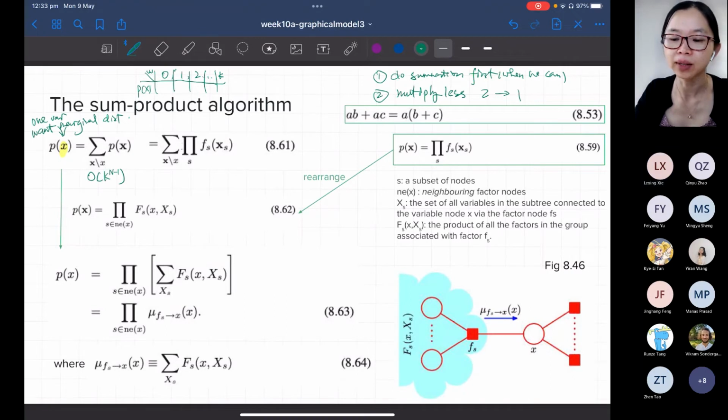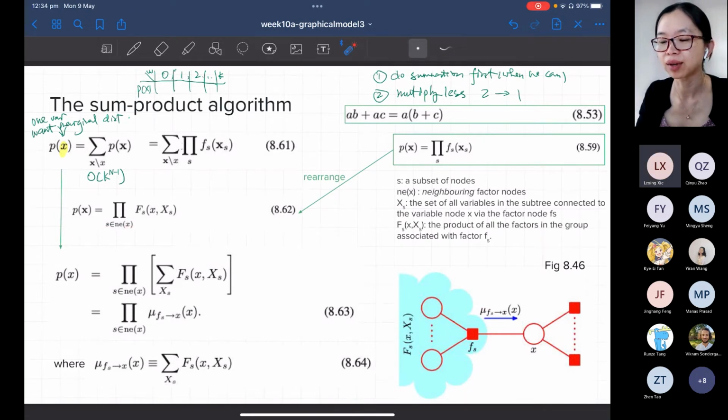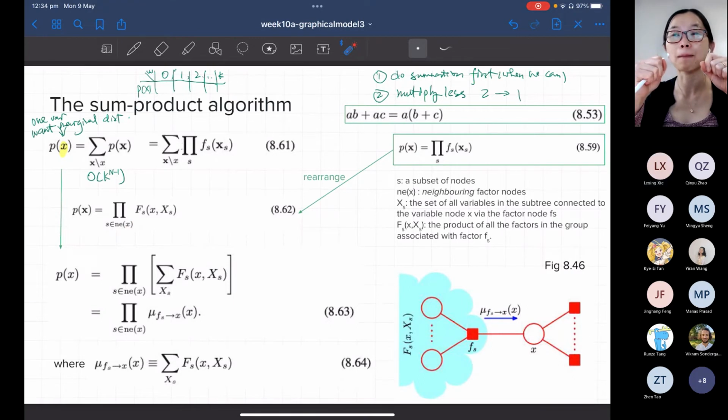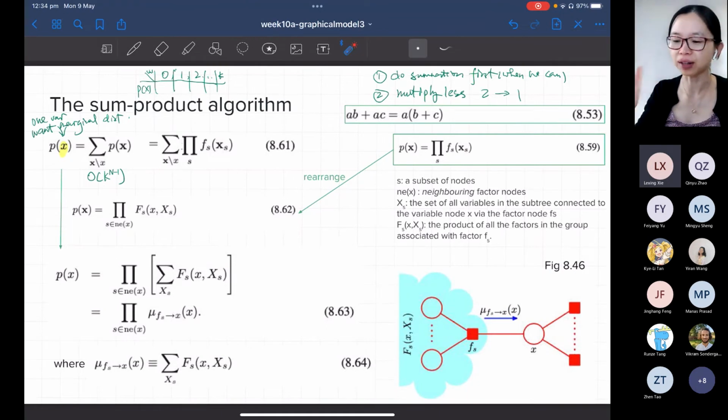There is no savings. The first thing we do is rearrange this general factor graph factorization into neighborhoods of the node we care about, x. So imagine a big tree-shaped factor graph. Let's say for now our factor graph is a tree. The nice property of a tree, especially an undirected tree, is that you can take a node, treat it as a root, and basically shake the tree, pretending you're holding the node.